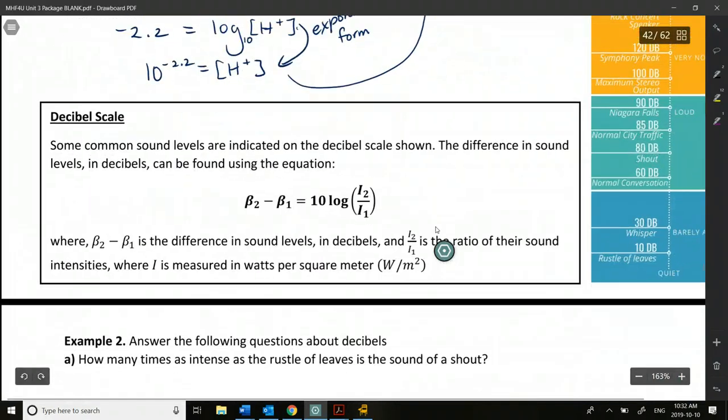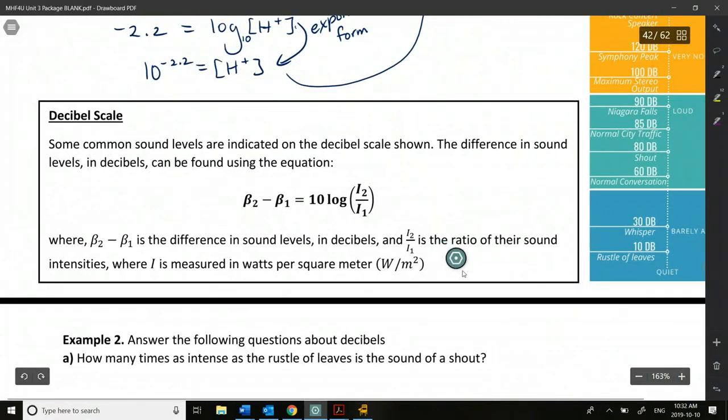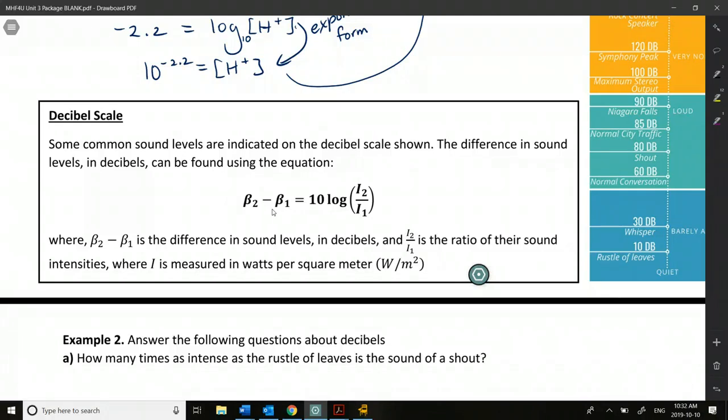A jet engine would be like the pain threshold, basically. So we can use this decibel formula, or the sound formula, I should say, to compare the intensities of sounds. When you see beta 2 minus beta 1, we're talking about the difference in sound levels, the decibel difference. And I2 and I1 are the ratio of the intensities of the sound, measured in watts per square meter.